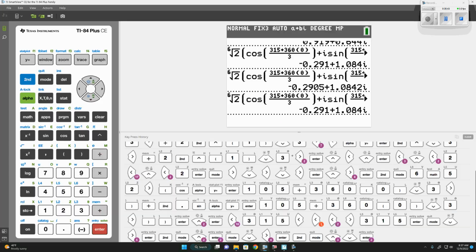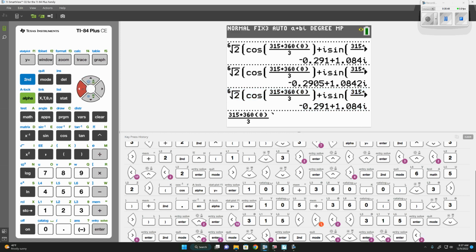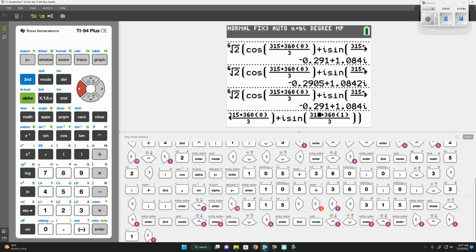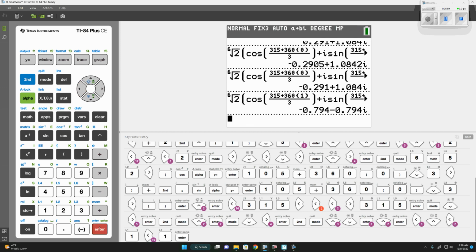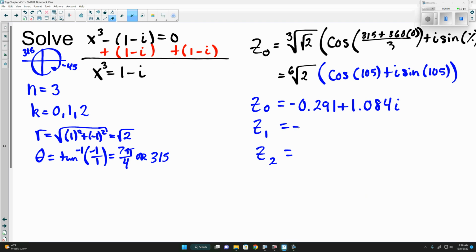Now we have two more values, and especially if this is on the homework, we can call this back down and replace 0 with 1. Negative 0.794. Funny enough, it actually worked out that both values were the same.